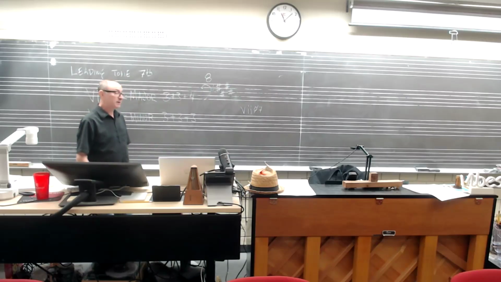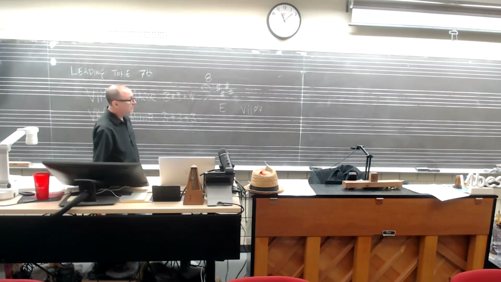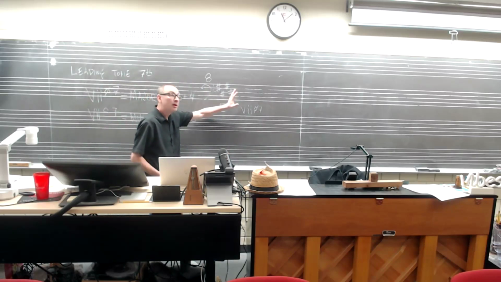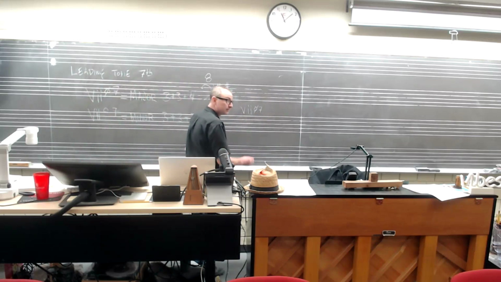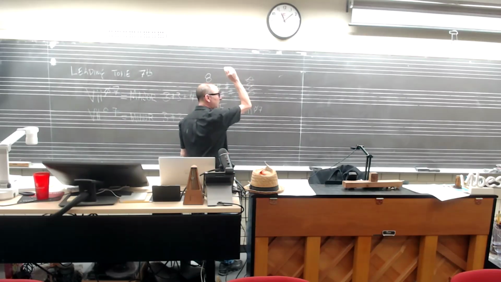There's only one step here. Find the leading tone and stack the notes up. So if it's E major, what's a half step below E? It's D sharp. All I have to do, right? Problem solved.